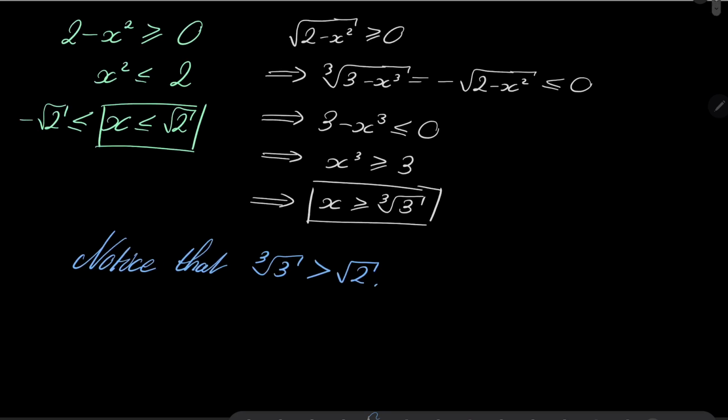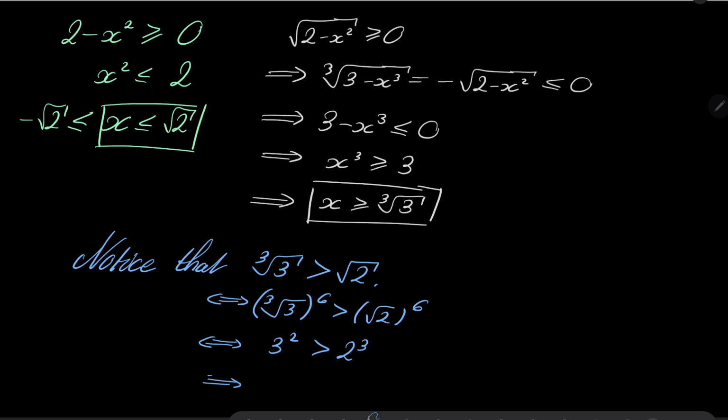Well, why is that, you may ask? Because this is equivalent to saying that the cube root of 3 to the 6th power is greater than the square root of 2 to the 6th power. This is equivalent to saying that 3 squared is greater than 2 cubed. This is equivalent to saying that 9 is greater than 8, which is of course true.